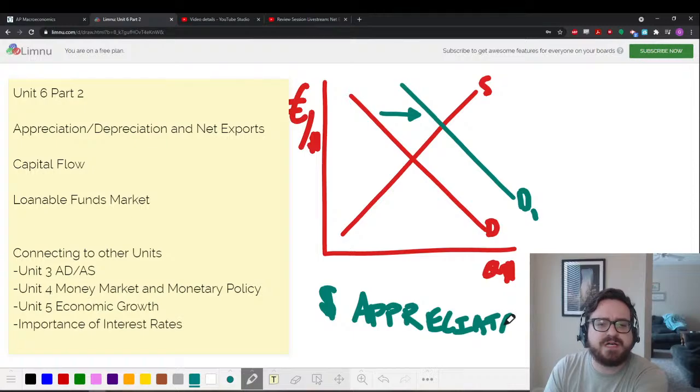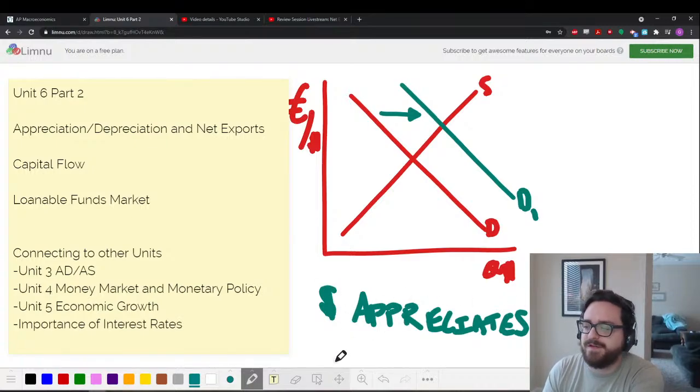Which just means that the dollar is worth more relative to whatever other currency we're talking about. And again, I'm telling that off of the equilibrium, right? I was here, now I'm up here, so now it takes more euros to get a dollar. The dollar is worth more euros, literally. So the dollar has appreciated in value.